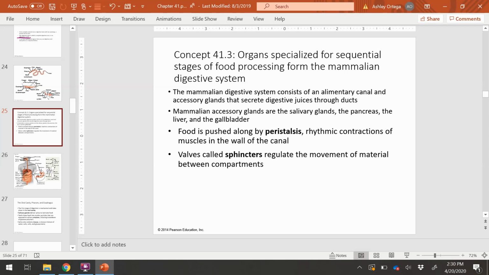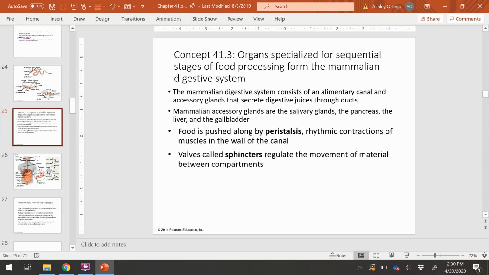And so as we look at the alimentary canal and the digestive system, we'll see that food is going to be pushed along through a process called peristalsis, which is rhythmic contractions of muscles in the wall of the canal. You can think of like squeezing a tube of toothpaste, it's going to contract right behind the food that it wants to move along.